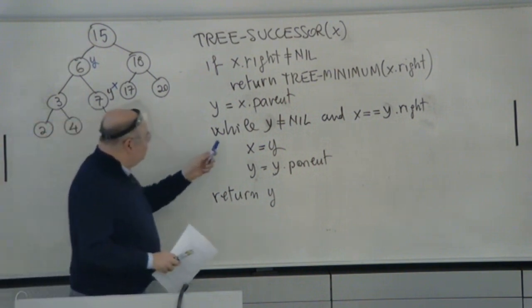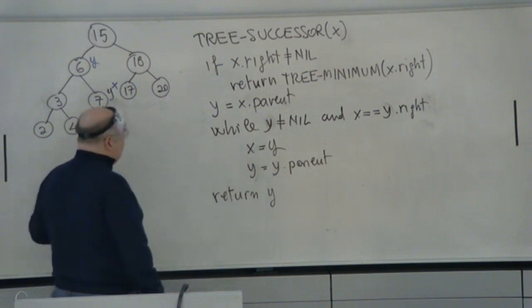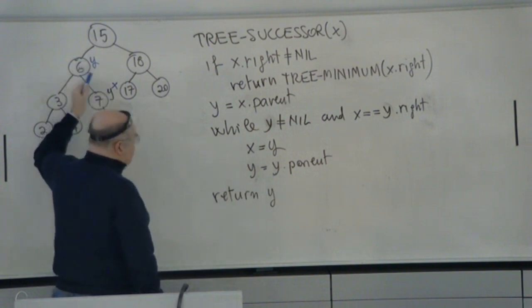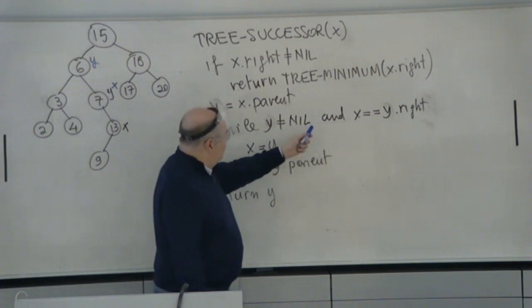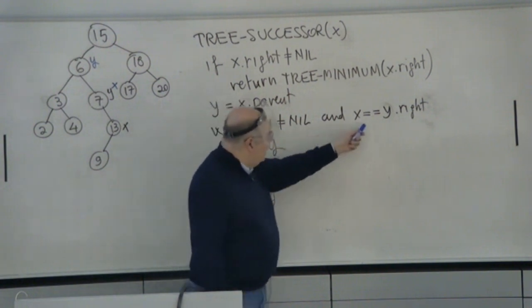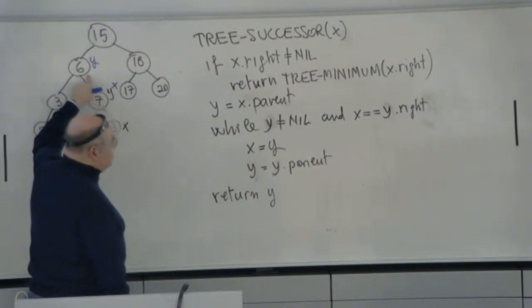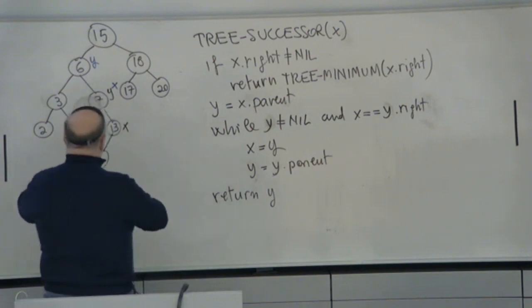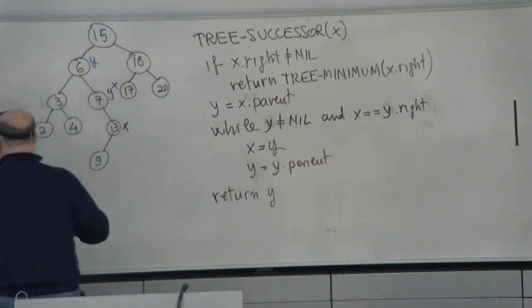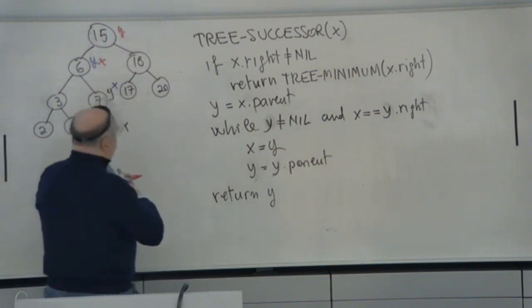And again, this is true because y is now 6, not nil, and x, now 7, is the right child of 6. And so we go up again. This is x, and this is y now.